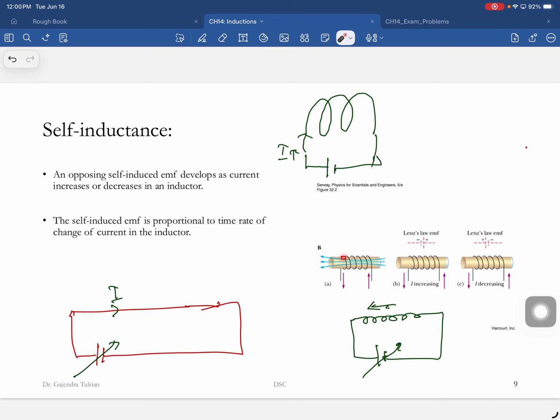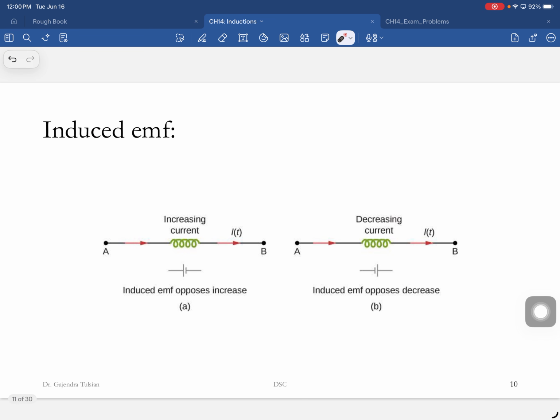When the current stops changing, the magnetic field is not changing, and that's not inducing an EMF. So through an inductor, if you try and increase the current, it'll produce an EMF in the opposite direction, and that EMF lasts only as long as the current is changing. And if you're decreasing the current, the EMF is such that it wants to keep the current steady.